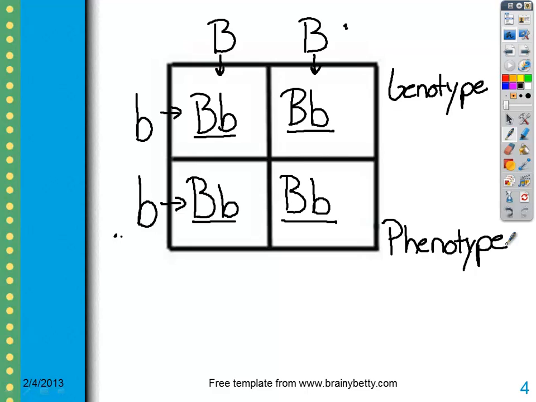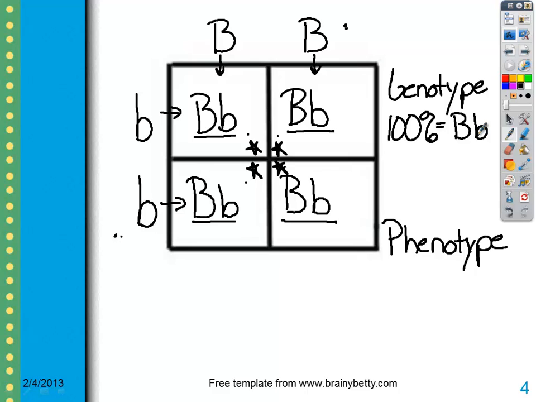Our total percentage should always add up to 100%, and each one of these squares represents a 25% chance. So if I have 25 plus 25 plus 25 plus 25, I'm going to end up with 100%. So these children from this cross will be 100% big B, little b, no questions asked.